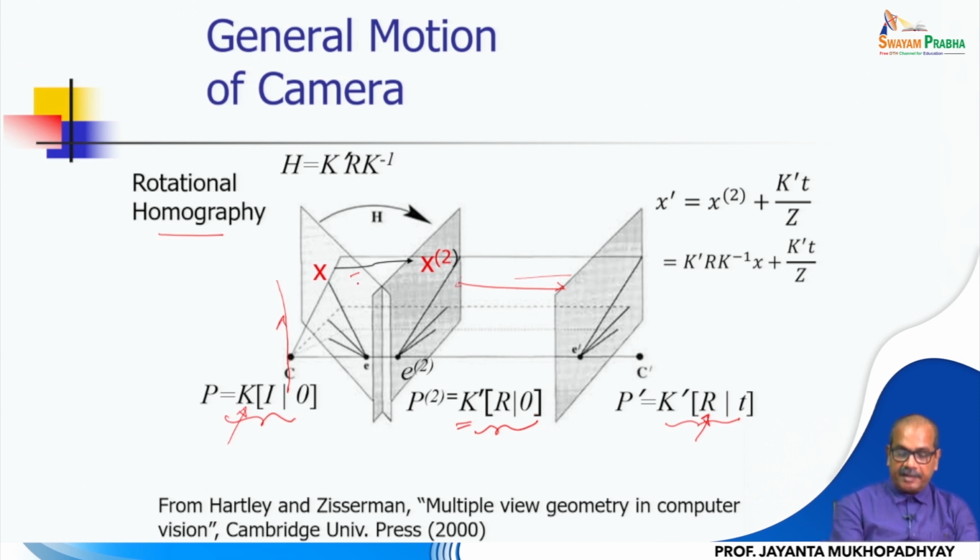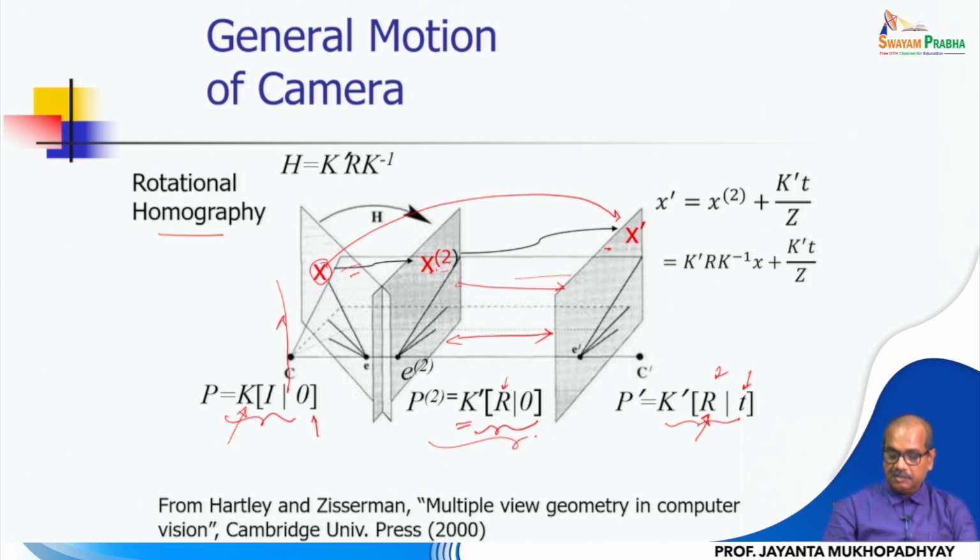Then applying the homography, x is mapped to this point, and the correspondence is now established between this point and this point. So they form an equivalent stereo setup which satisfies the earlier constraint: there is no rotation, only a translation t, as in the previous case, because they have the same rotation with respect to this one.